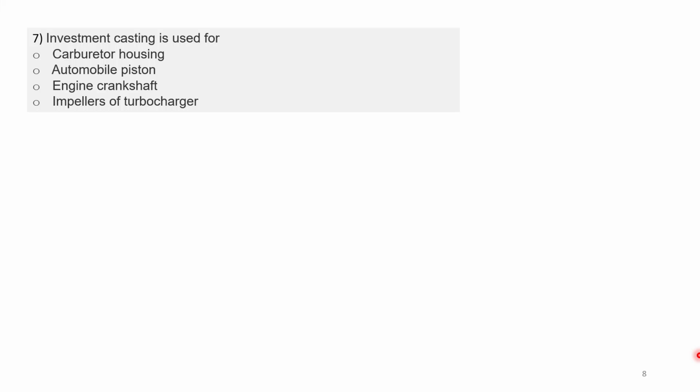The next question is based on investment casting. It is used for which of these: carburetor housing, automobile piston, engine crankshaft, or impellers of turbocharger. The answer will be the impellers for the turbocharger.